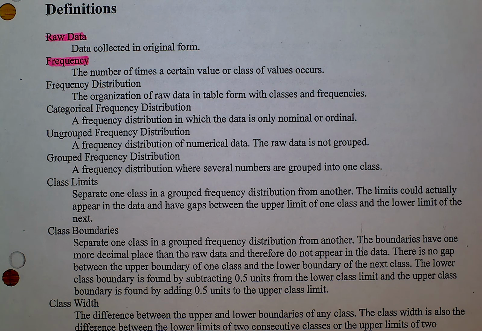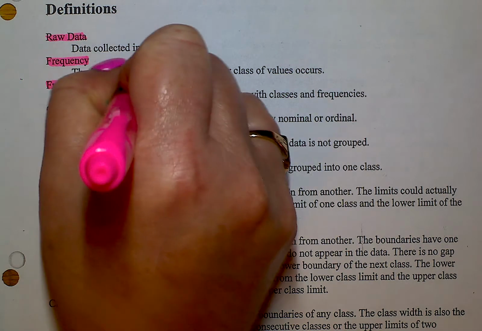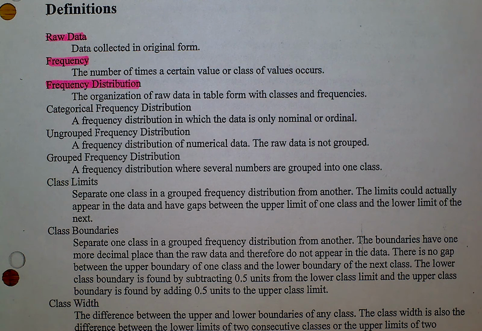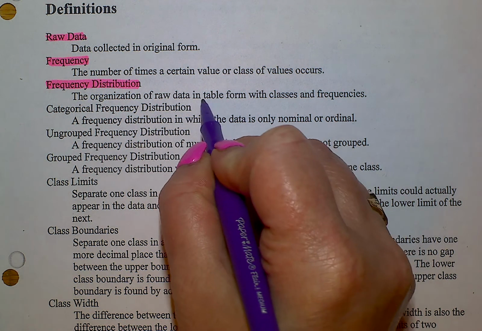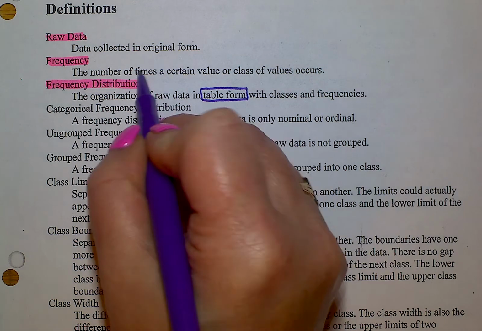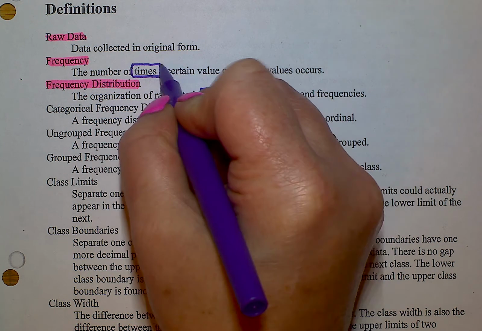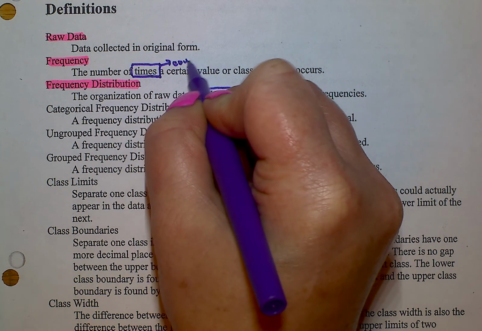So frequency is another name for counts, how many times something occurs. Frequency distribution: that is where you organize the raw data in a table form with classes and frequencies. So a frequency distribution is a table form, and frequency is the times something occurs. So your counts.